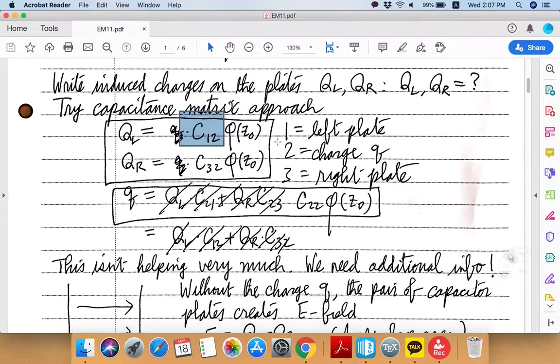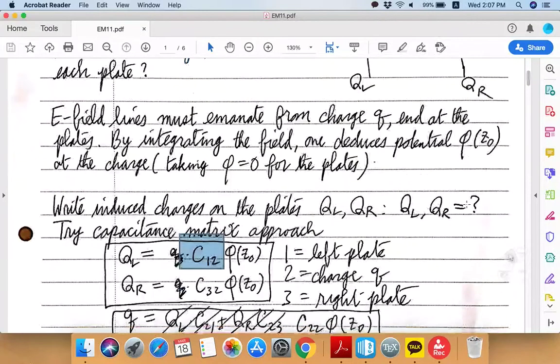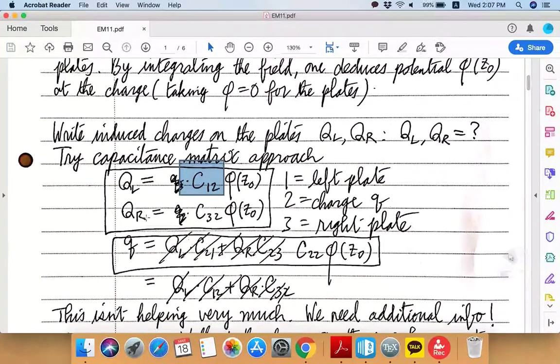And all the other terms in the general equation will be 0 because the potentials on both of these metallic plates are by definition 0. And you can write down a similar relationship for QR as some coefficient multiplying the potential at the position of the little metallic sphere.